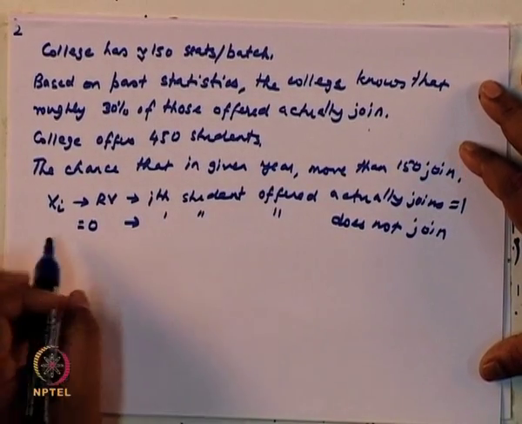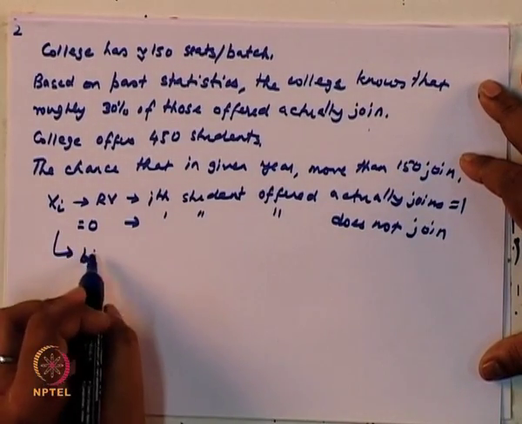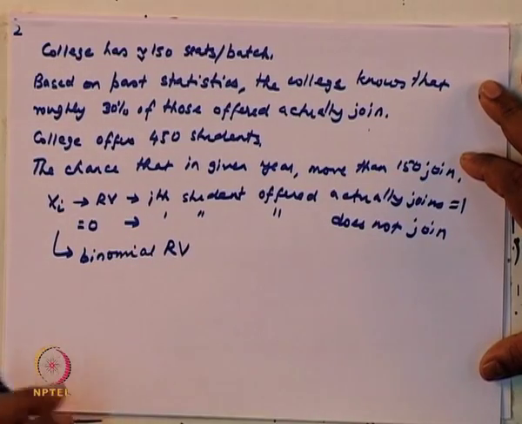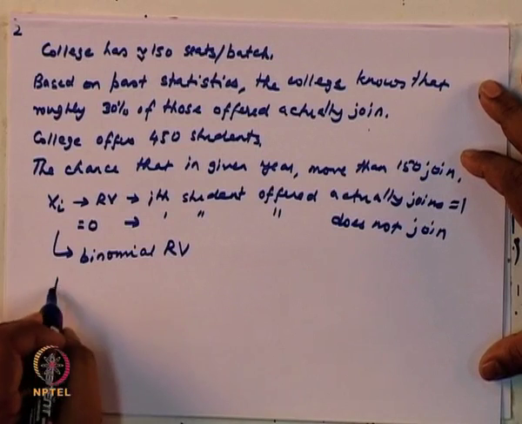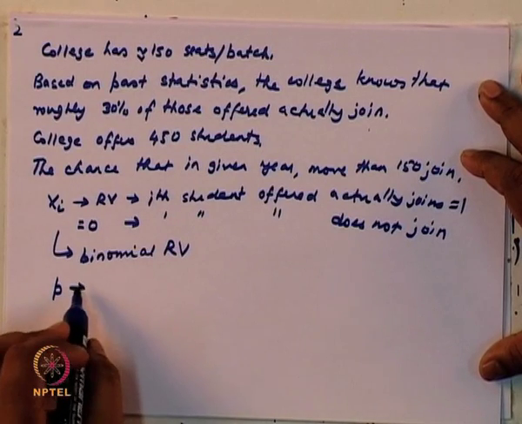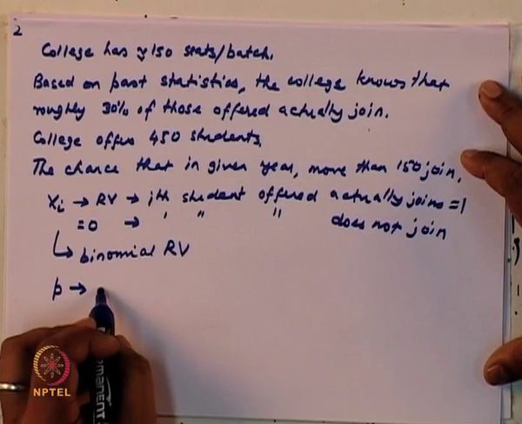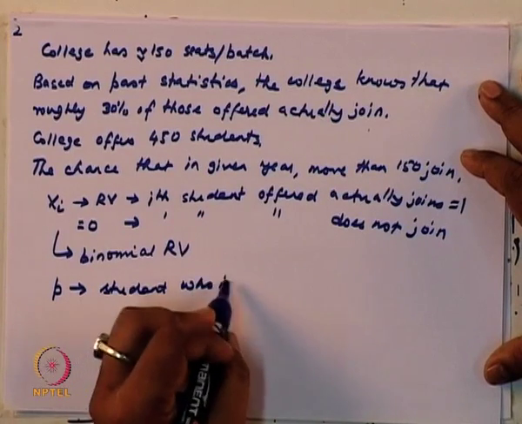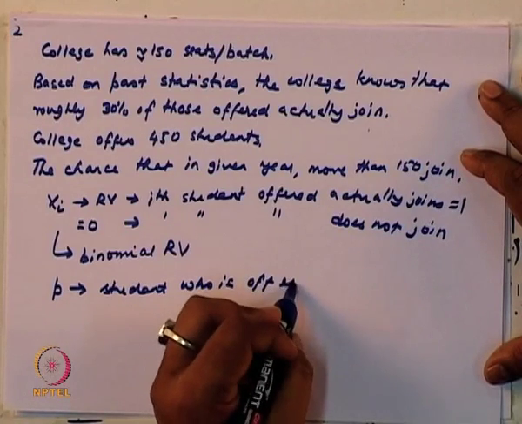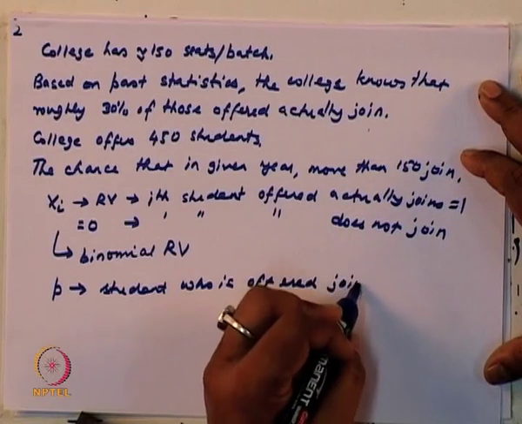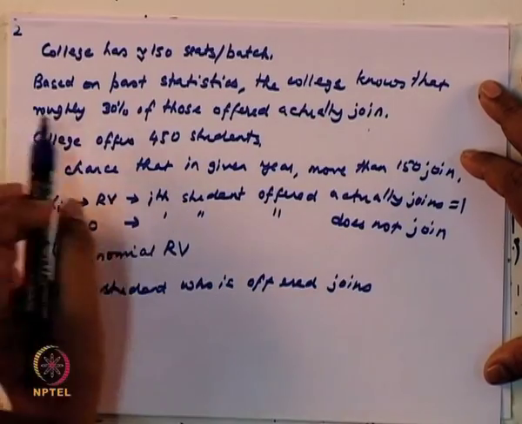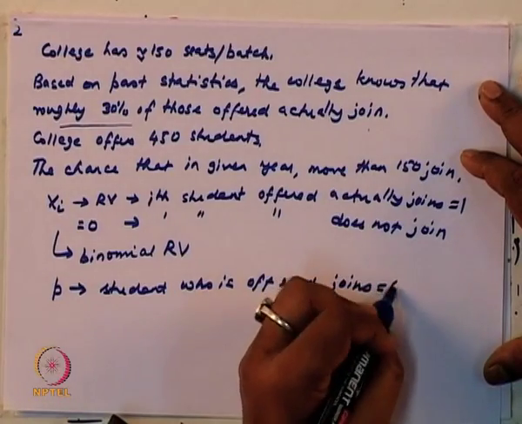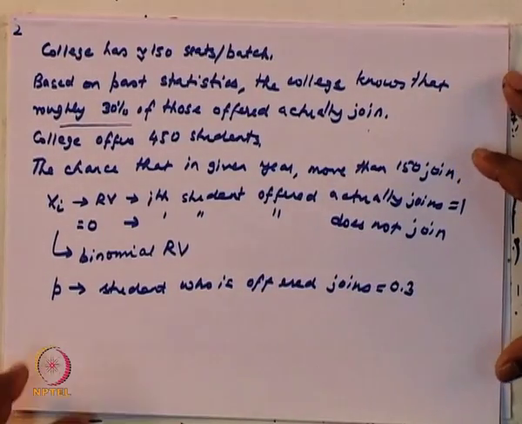So xi in this case is a binomial random variable. And what is the probability of success? How do we define p? p is the probability that a student who is offered joins. This probability we know is roughly 30%, so p is equal to 0.3.